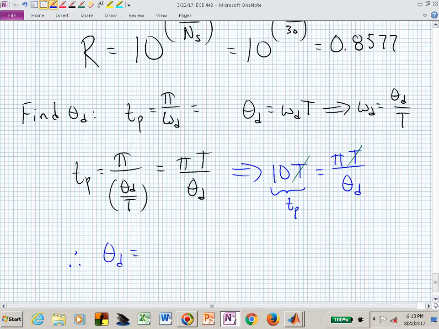Theta sub d is now pi over 10, or 0.1 pi, and we all know pi to who knows how many digits, 3.14159. So now we'll just multiply that by 0.1.